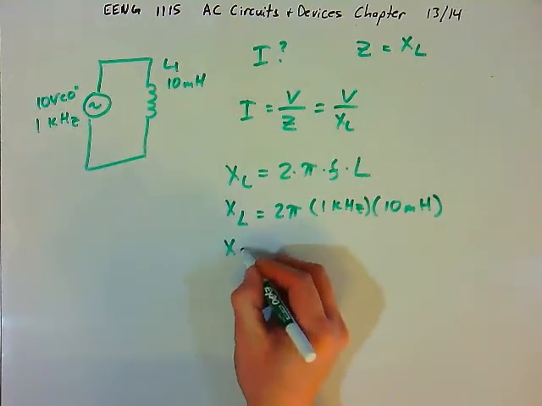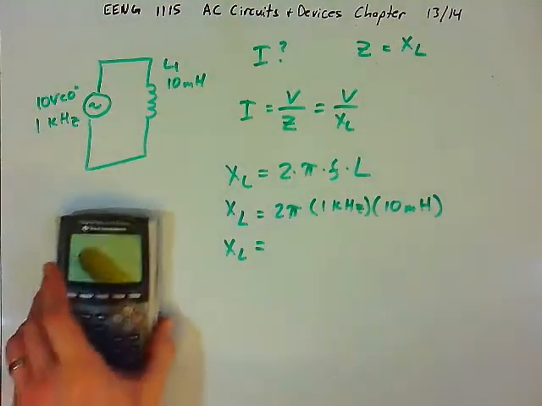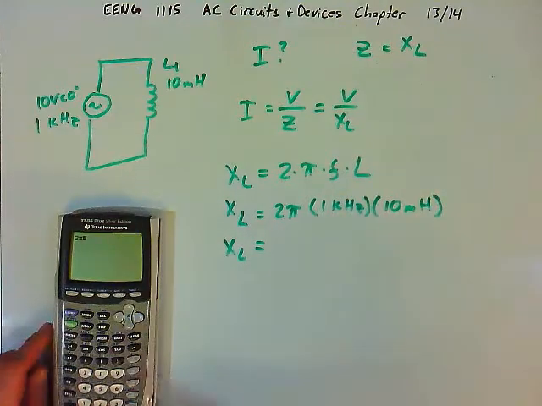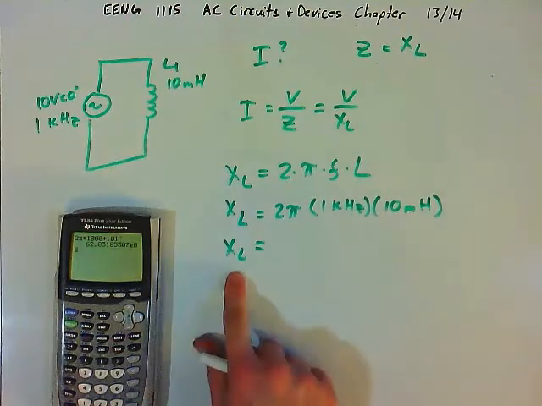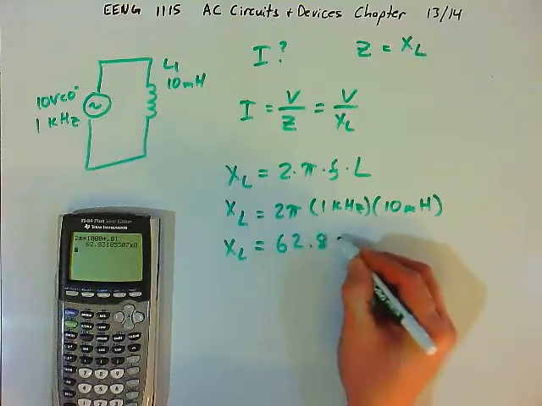And so when we multiply this out, we will get the value of the inductive reactance. And so we have 2 times pi times 1 kilohertz, which is 1,000, times 10 millihenries, which is 0.01. And we are going to get an inductive reactance of 62.832.